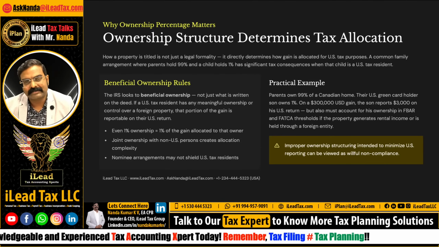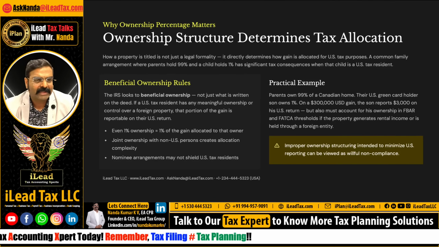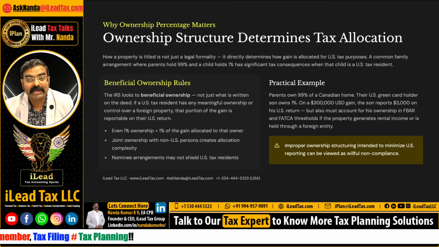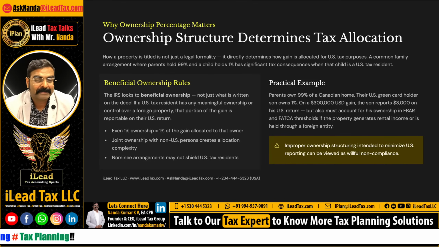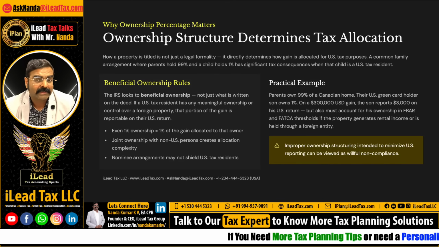But, and this is the critical planning point, without written documentation of the ownership percentages, the IRS defaults to whatever it can reasonably infer. If Ajay's name is on the title as a joint holder with no documented percentage, the IRS could argue 50-50 or even 100%.